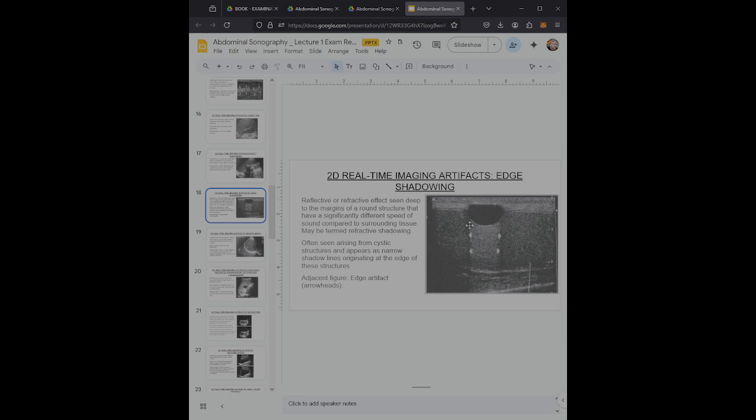The sound waves will have a different speed of sound compared to surrounding tissue, and we term this refractive shadowing. It's often seen arising from cystic structures, and it appears as narrow shadow lines originating at the edge. There you are, edge shadowing with some posterior enhancement in this simple cyst.